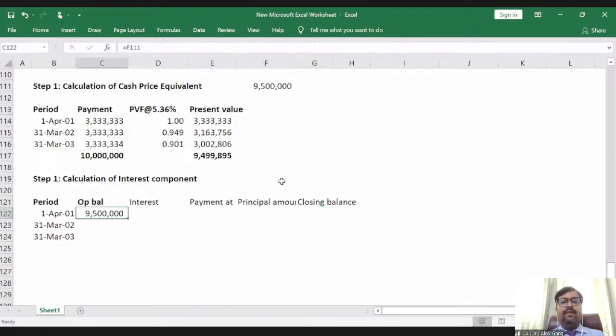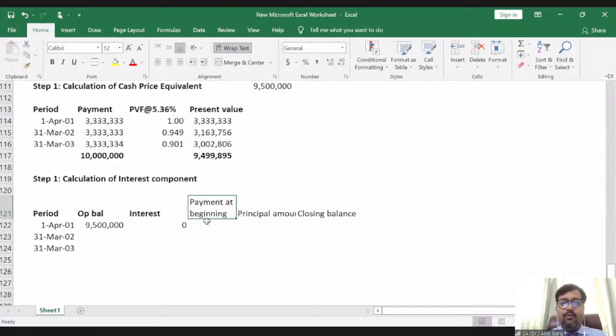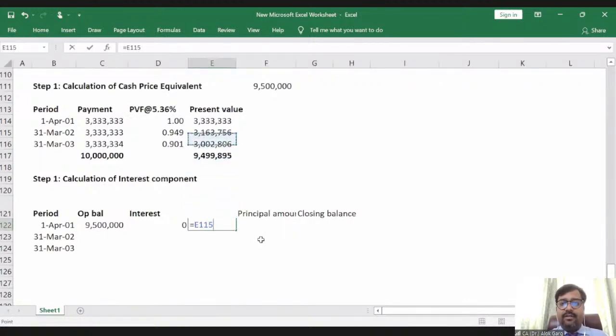So friends, on 1st April 2001, I am purchasing this asset. My balance was 95 lakh, and for 1 day there will not be any interest. My payment at the beginning will be 33,33,333, and of course, this entire payment is my principal amount.